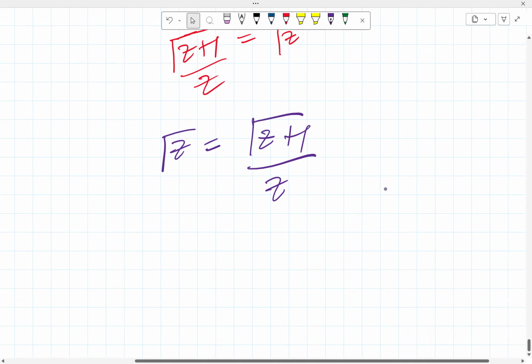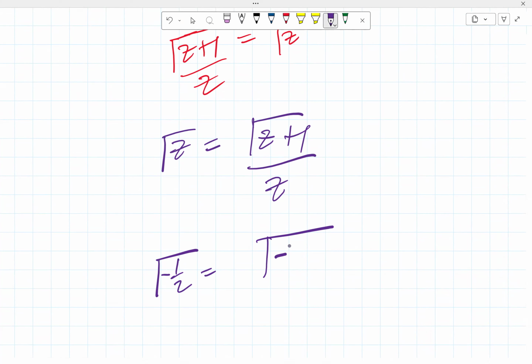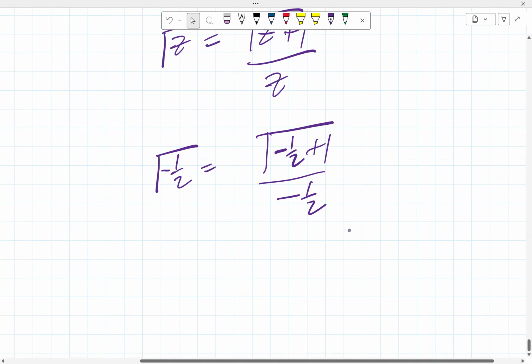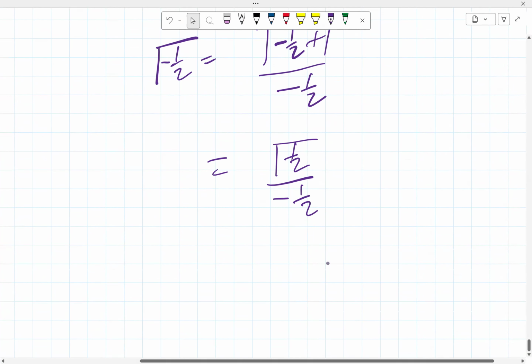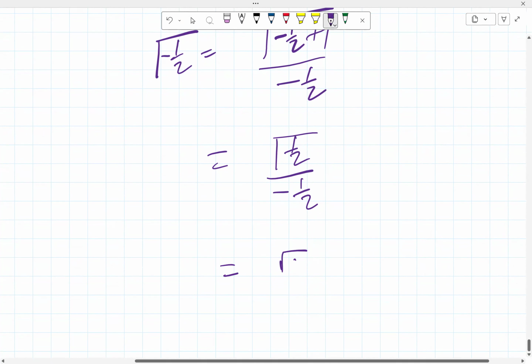So in essence, we are saying that if we need gamma of minus half, we can work it out. So that's gamma(minus half plus 1) all over minus half. So that means we have gamma half all over minus half. And we already know gamma half is square root of pi, and now all over minus 1 over 2.